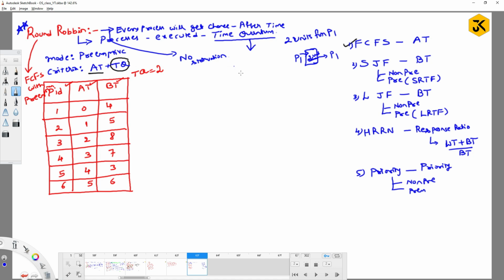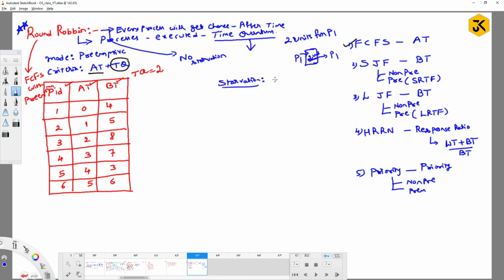So what is the general meaning of starvation? Starvation means that among the processes added into the data set, some processes stay continuously in the waiting state, meaning they won't get any chance.